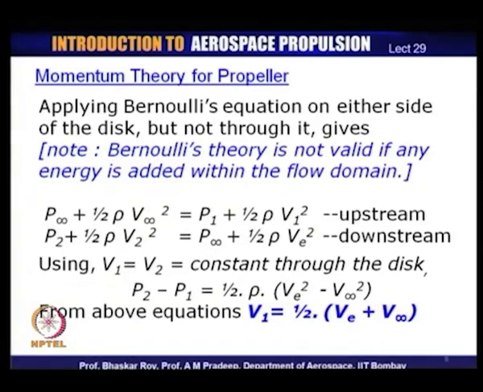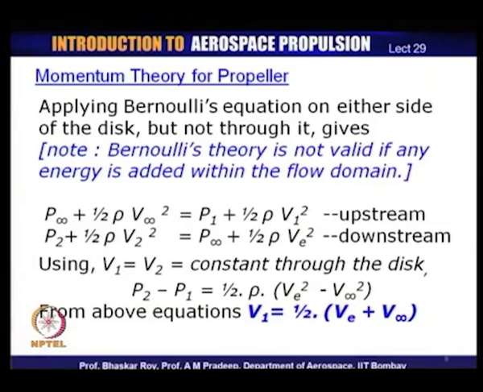Now, since we have already said that the velocity through the actuator disk remains constant, V1 is equal to V2, and as a result we can write that the pressure differential P2 minus P1 through the actuator disk is half rho Ve squared minus V infinity squared.